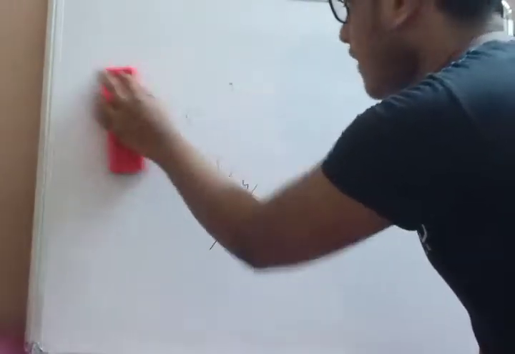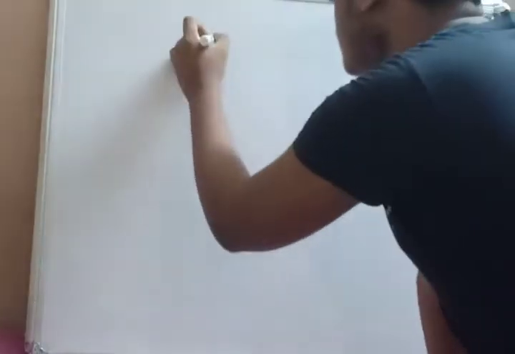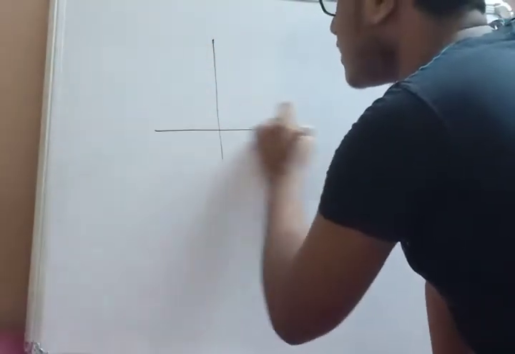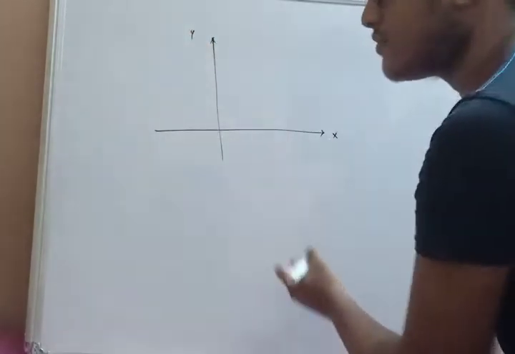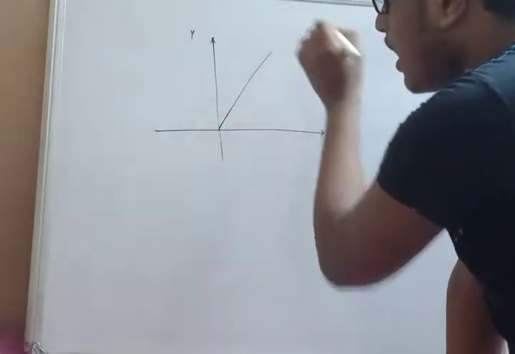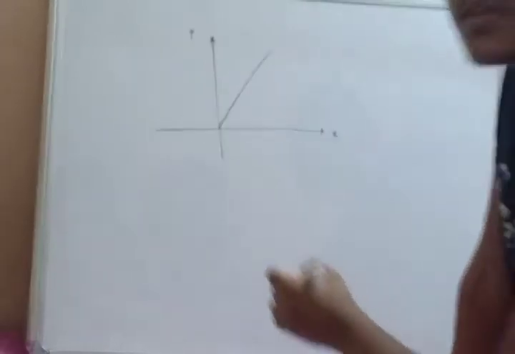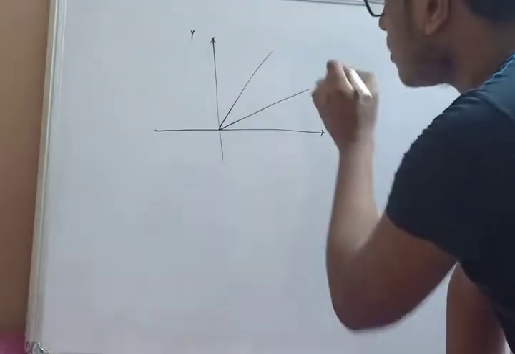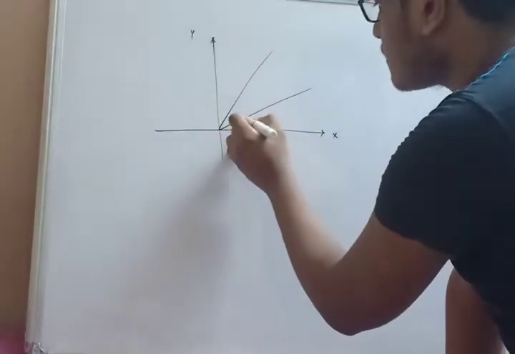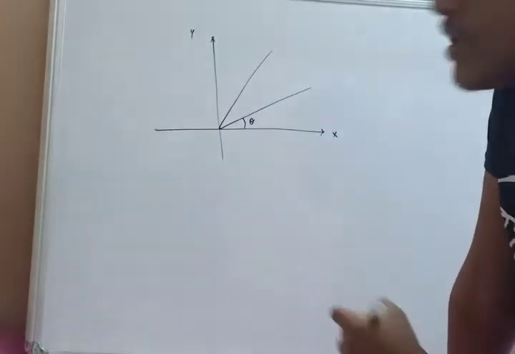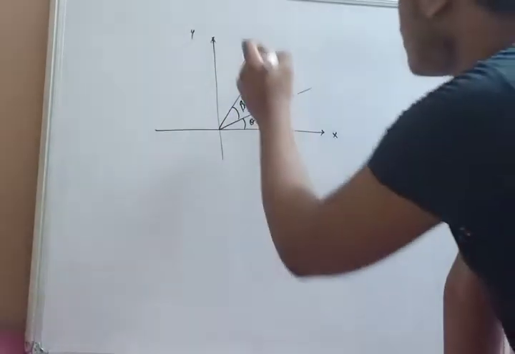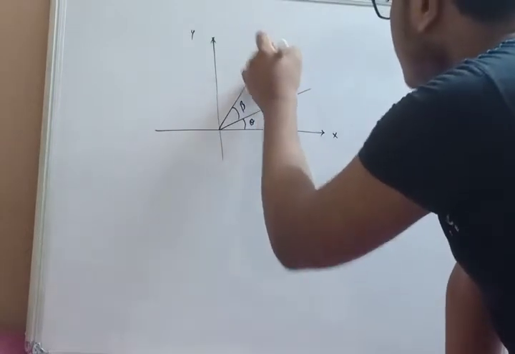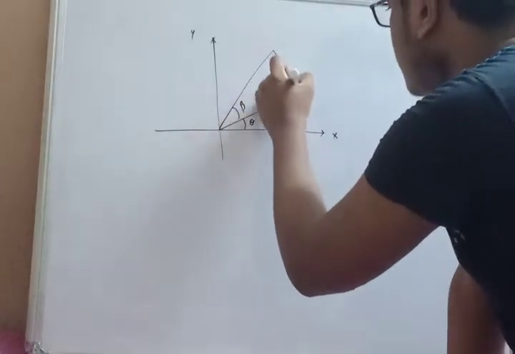So for seeing that extraordinary proof, please stay tuned till last. So let's begin. We have here a Cartesian plane. Let's say this is x, this is y. I have two rays over here. One is making an angle of theta and the other is making an angle of beta. Let me drop a perpendicular from this point on this line or ray.